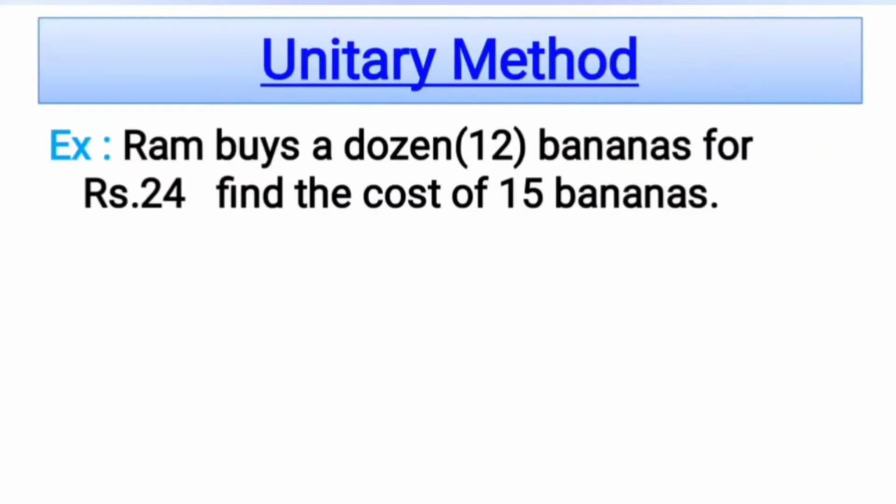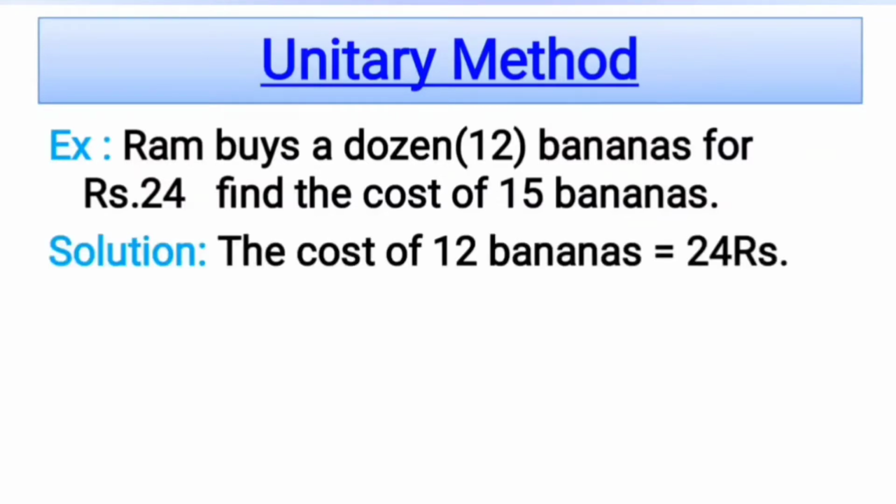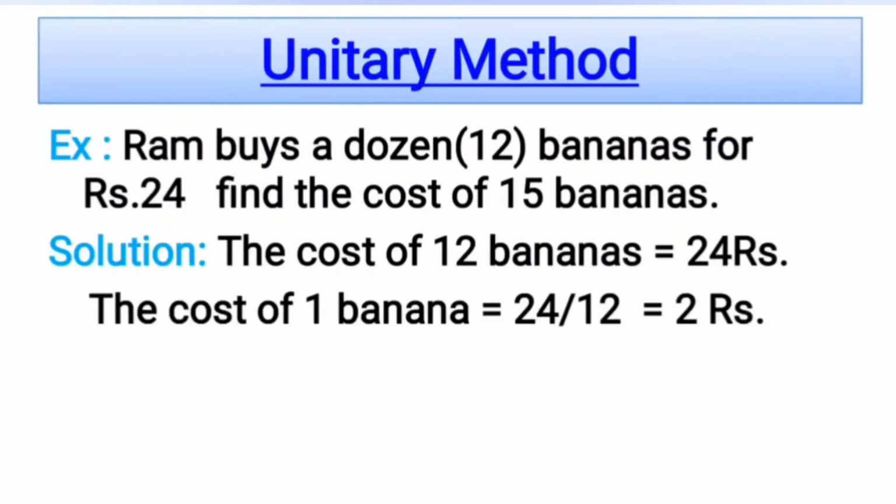So, the cost of 12 bananas equals 24 rupees. The cost of one banana is total value divided by number of units, equals 24 divided by 12, equals 2 rupees.